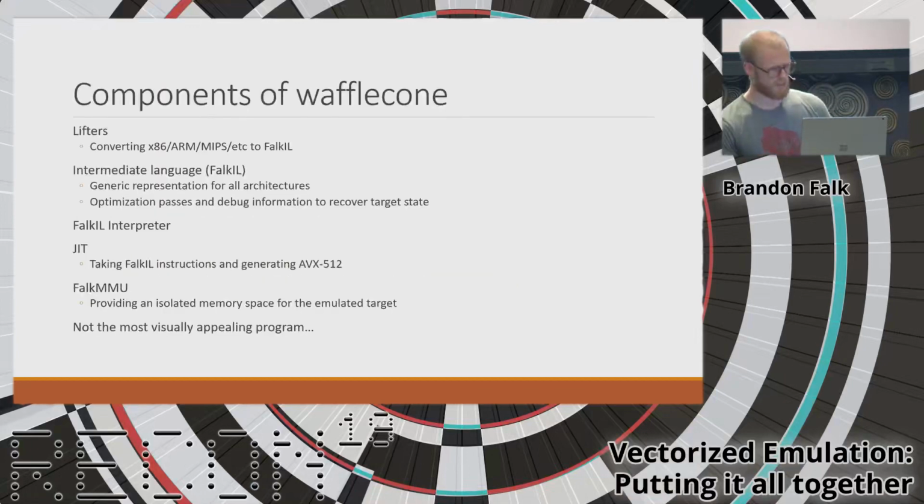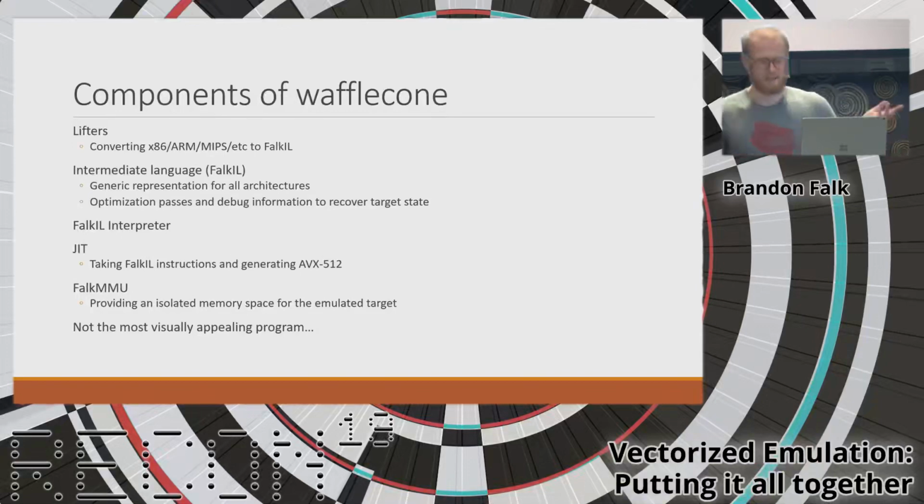So to make all of this work, I need a couple different components. In the case of Waffle Cone, I need a lifter. I need some way of taking target code, whether it's MIPS or x86 or ARM or who cares, and I need to lift this to an IL.